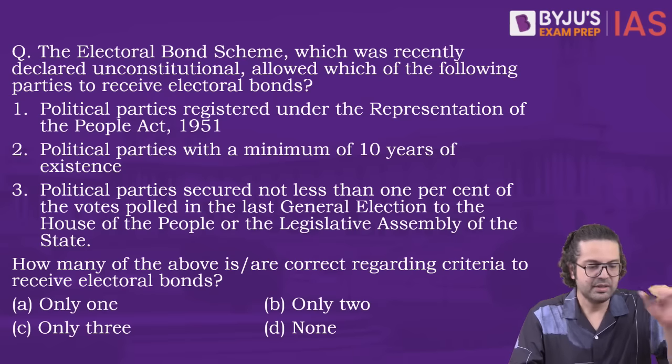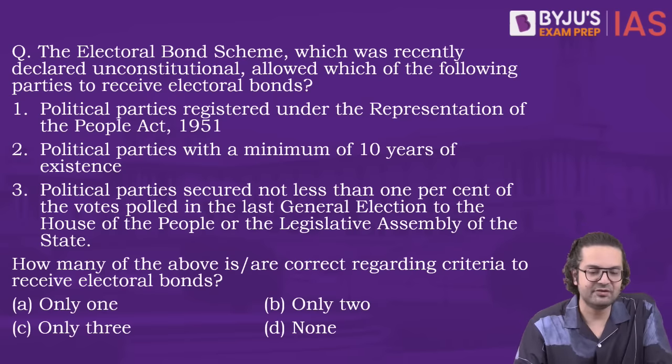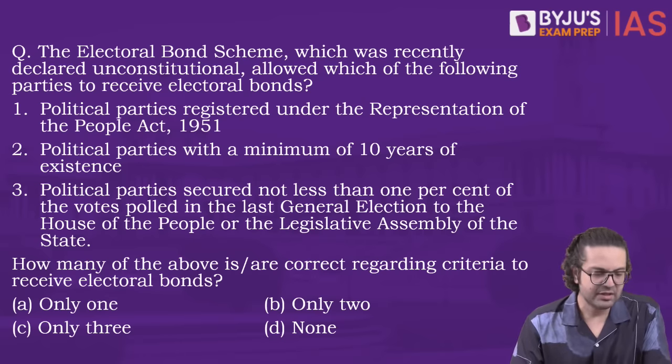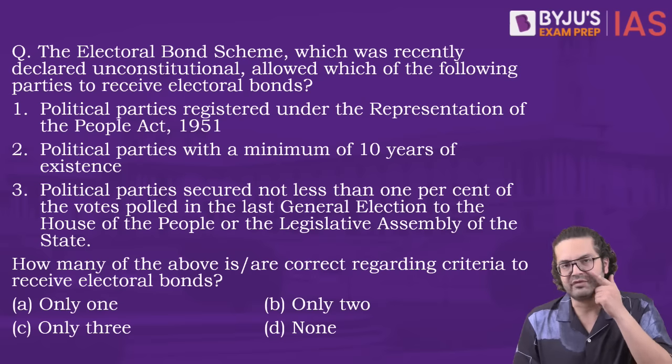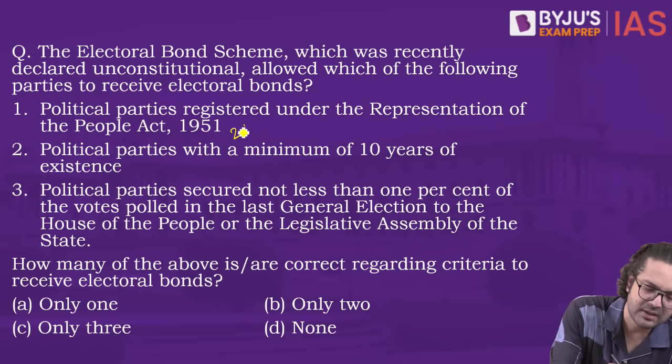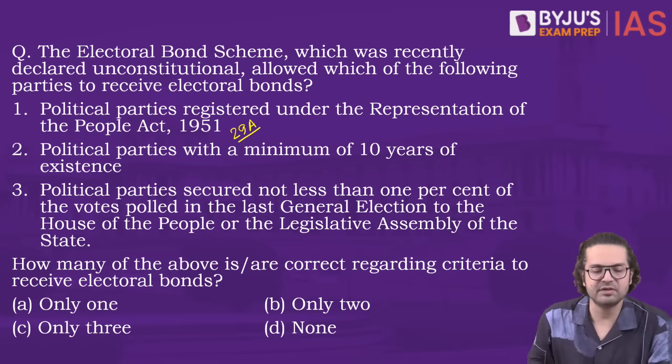Okay, next question. The electoral bond scheme, which was recently declared unconstitutional, allowed which of the following parties to receive electoral bonds? Political parties which were of course registered under the RPA 1951, Section 29A. If you are registered under this section, you can receive money through bonds.